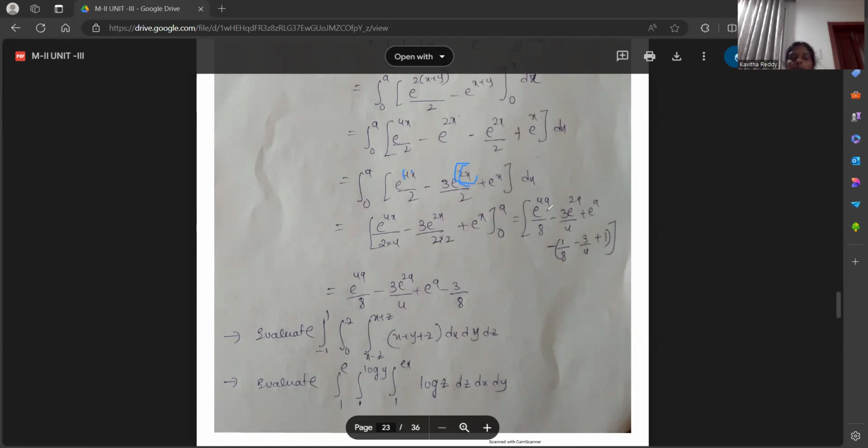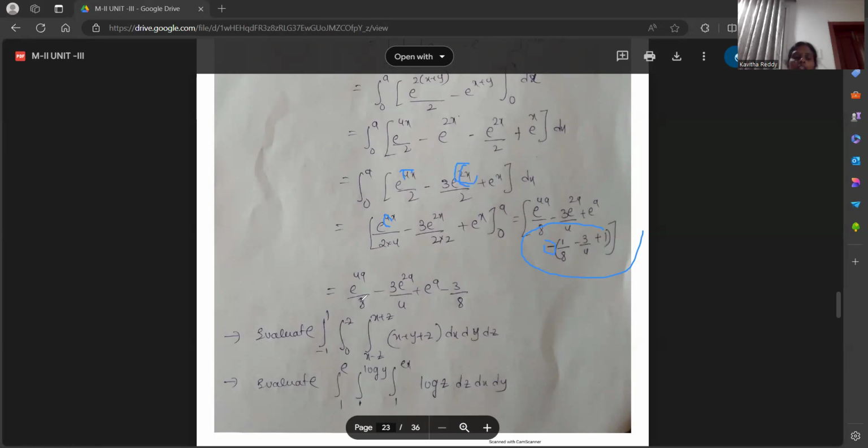Apply the limits: e power 4a by 8 minus 3 e power 2a by 4 plus e power a, minus of 1 by 8 minus 3 by 4 plus 1. Why are you getting this? In place of x, if you apply 0, e power 0 is 1. Minus, because the lower limit is there, 1 by 8 minus 3 by 4 plus 1.